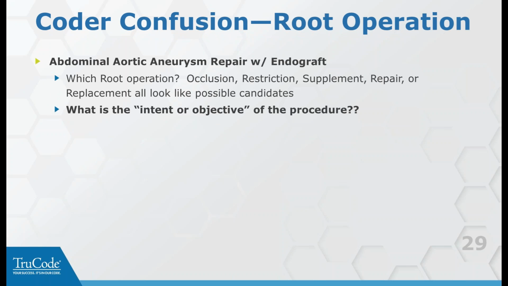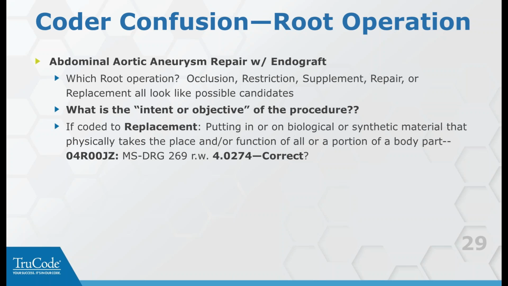Also, abdominal aortic aneurysm repairs with endografts. A lot of confusion out there among coders about how to code that, about which root operation it would be. Occlusion, restriction, supplement, repair, or replacement all look like possible candidates for fixing an abdominal aortic aneurysm. But again, you have to look at the intent or objective of the procedure.